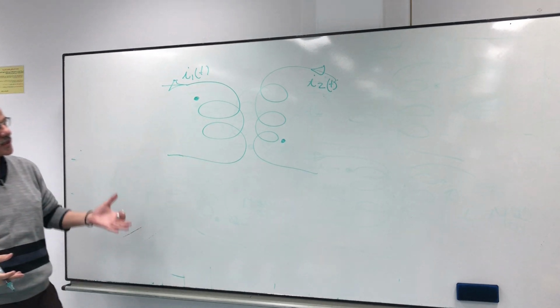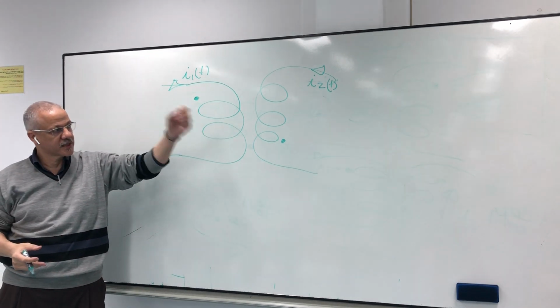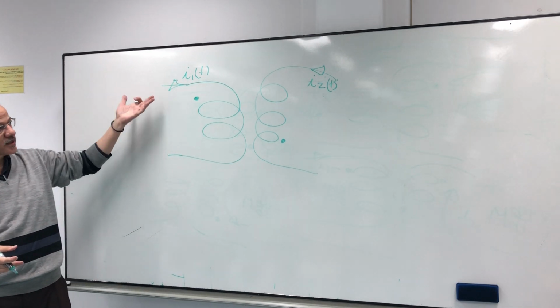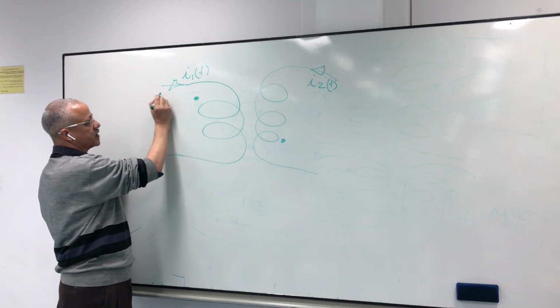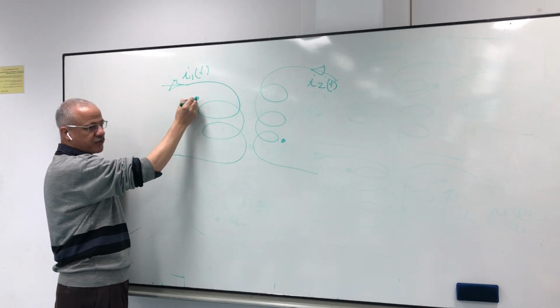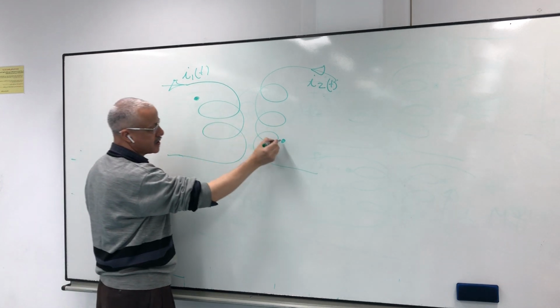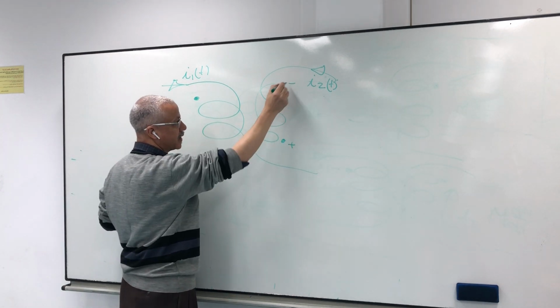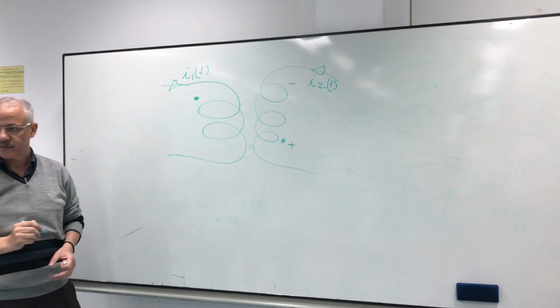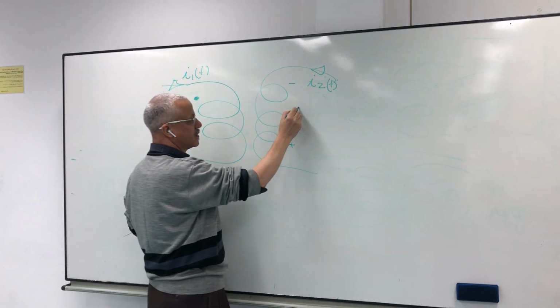If I asked you what is the voltage applied here and what is the voltage on the other side, as we mentioned, it is not a problem. If the current enters this point, is it positive or negative? Positive, and the other side is negative. Minus.